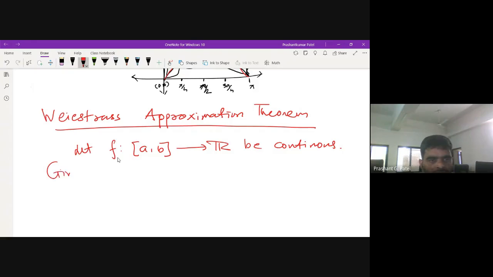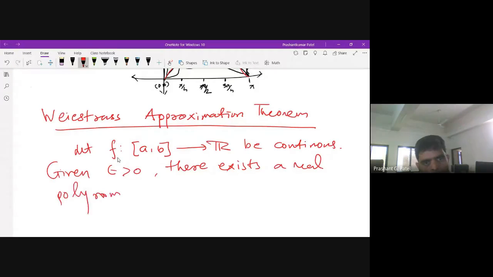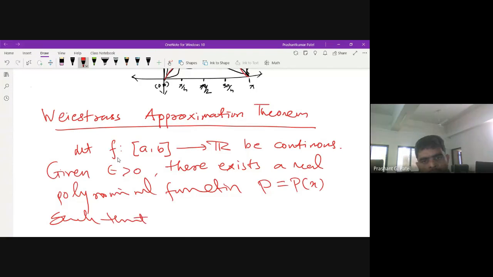Then given epsilon greater than 0, there exists a real polynomial function Pn, or I can say P, such that |f(x) - p(x)| is less than epsilon for all x belonging to [a, b].